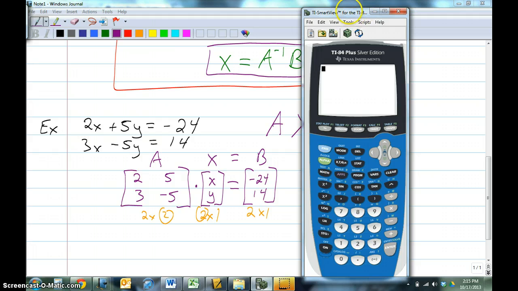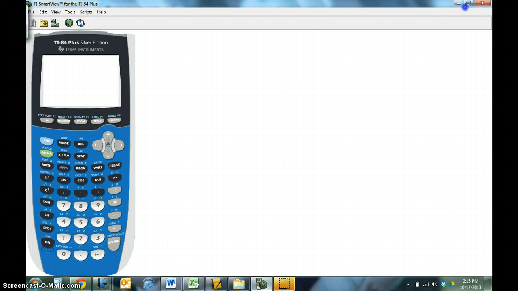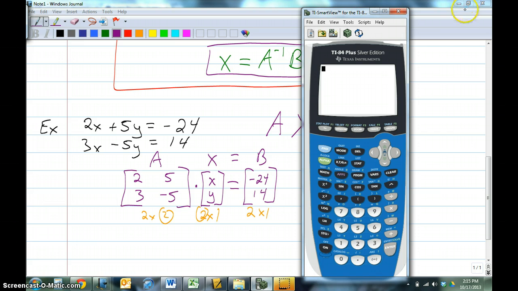Now, if you recall, up here we said that matrix X is equal to the inverse of matrix A times matrix B. So that's what we're going to put in. Put in matrix A, but we're doing the inverse of that, times matrix B, which is number 2.